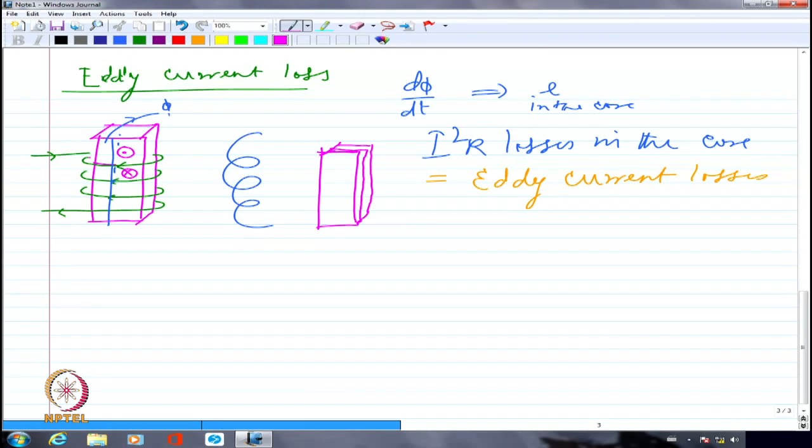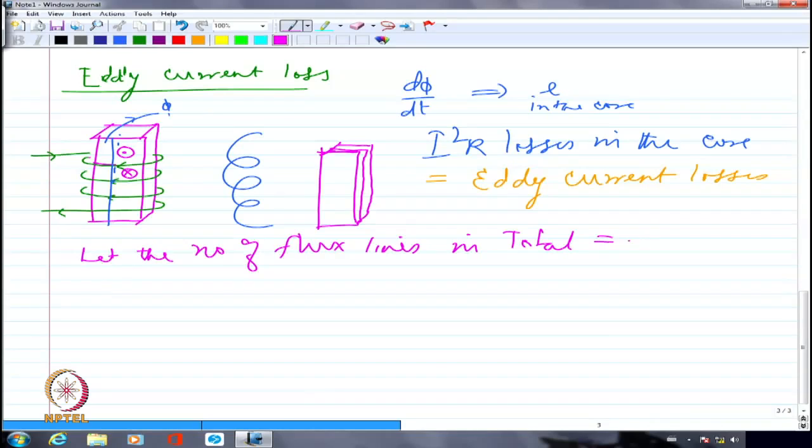So what is happening is, if I say that there are 100 flux lines overall, I am just arbitrarily taking a number, let the number of flux lines in total be 100. Let's say I have the number of stampings or laminations to be 5.